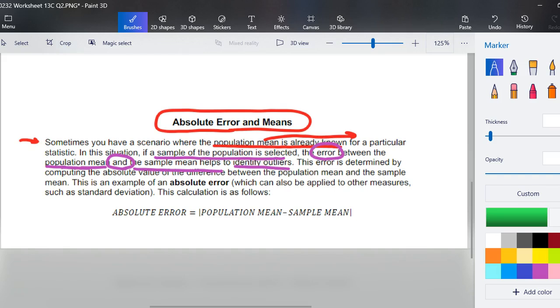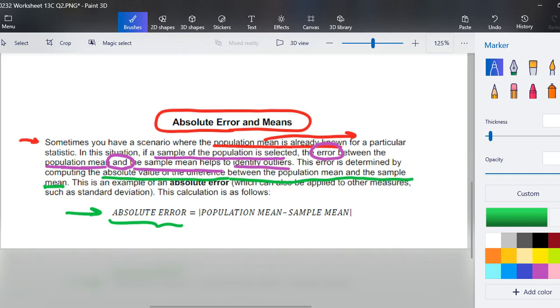And this error is determined by, let the alarms be going off that you're writing down, it's determined by the absolute value of the difference between the population mean and the sample mean. And if you look right here, they wrote it out in math form. It's a math sentence. The absolute error is, here's absolute value of, take the population mean and subtract the sample mean.